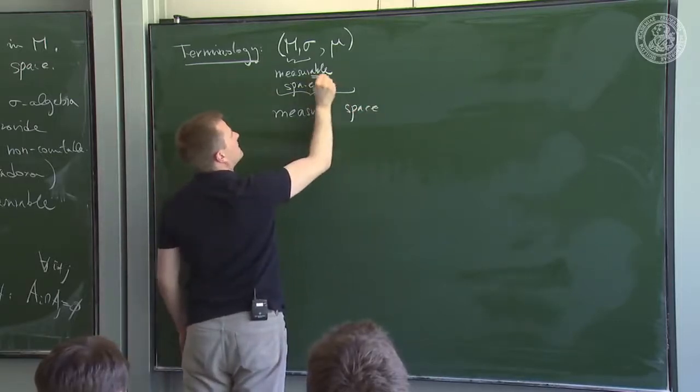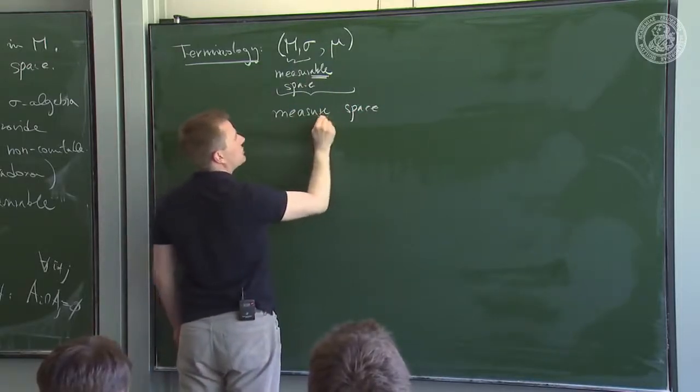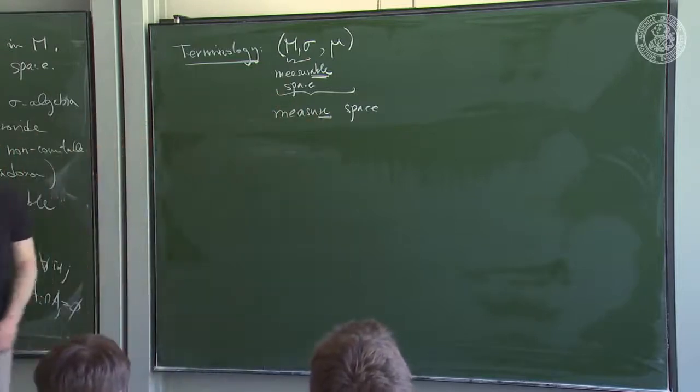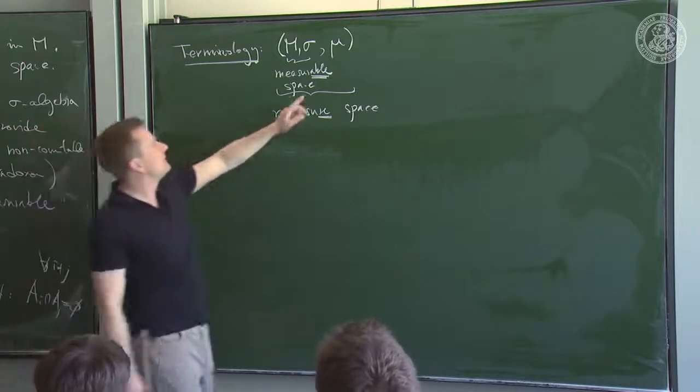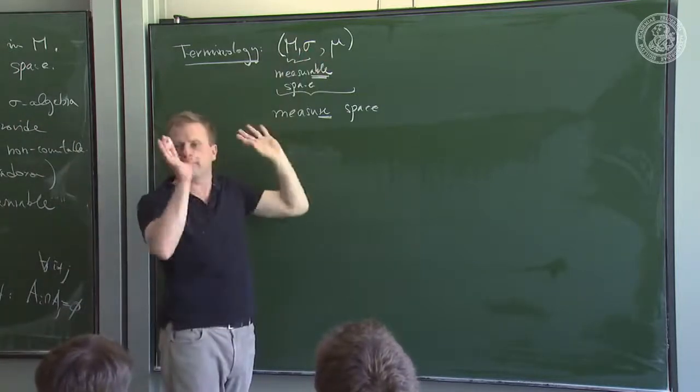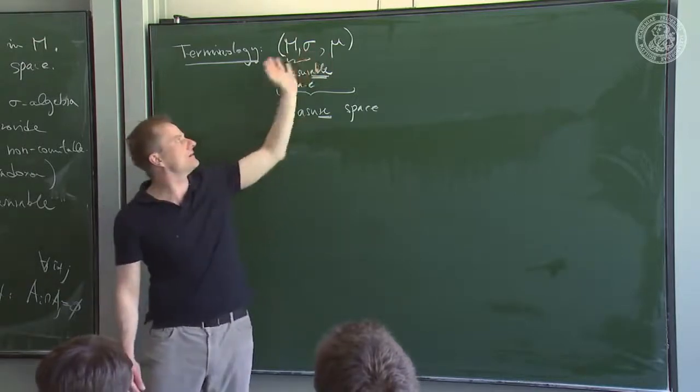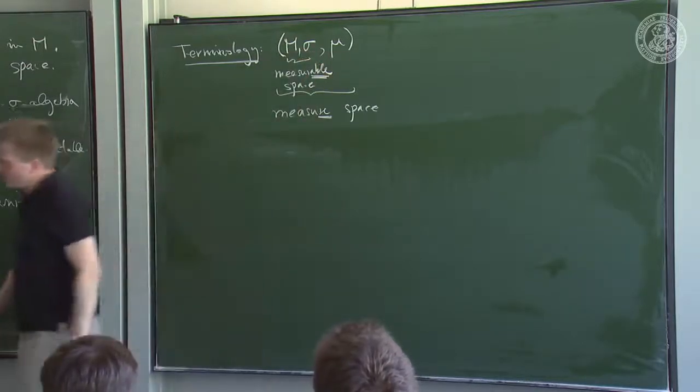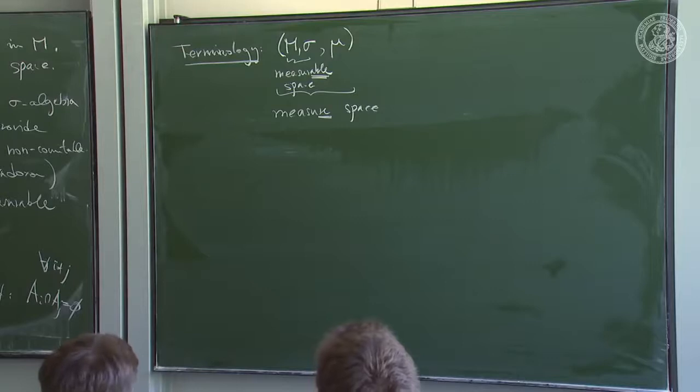So "measurable space" is just this part, and the measure space is the triple. Probably that's the reason why people call this a sigma algebra instead of the set of measurable sets, because there are so many measurables around. But even without the terminology, you get the idea: you equip a measurable space with a measure.